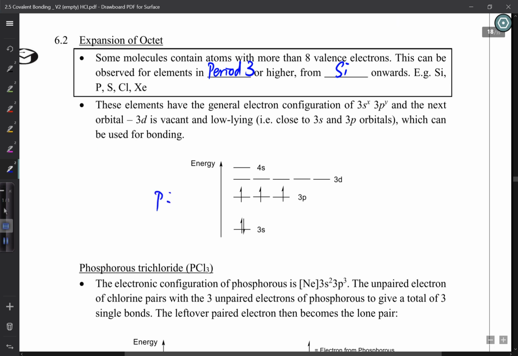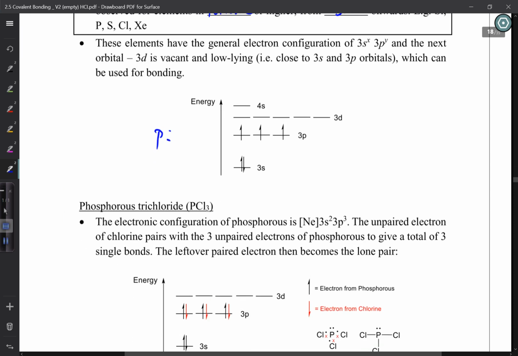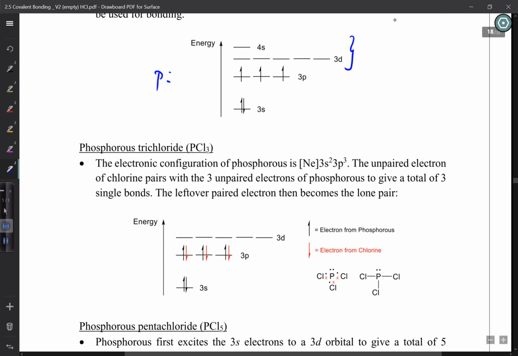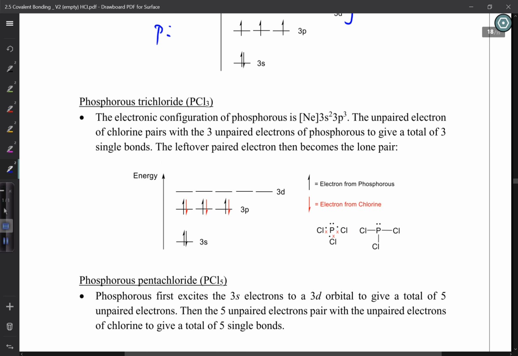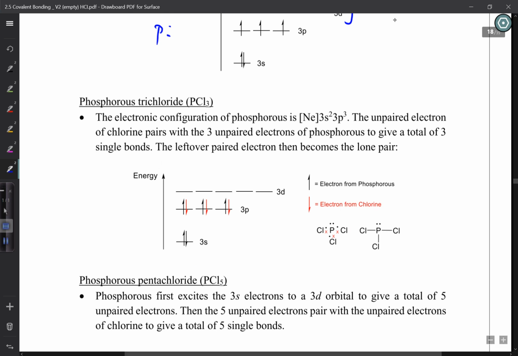So anyway, this is phosphorus, but why do I want to highlight that they're low lying? That's because they can actually make use of these orbitals for bonding as well, since they're very close. So let's talk about the first case first, whereby it obeys the octet rule, PCl3. For PCl3, we won't analyze the orbital interaction one by one because it takes too much trouble. We'll just draw it on top of here.